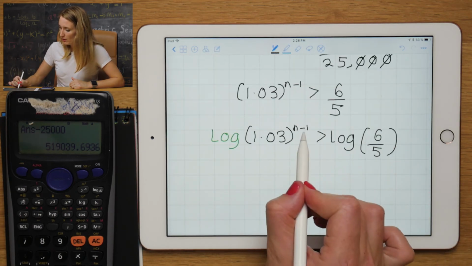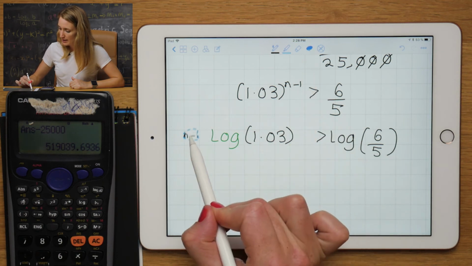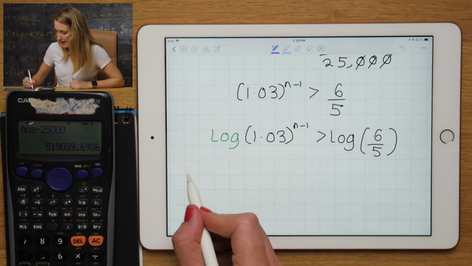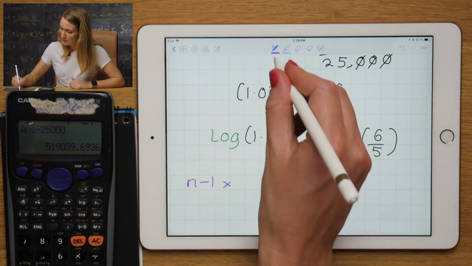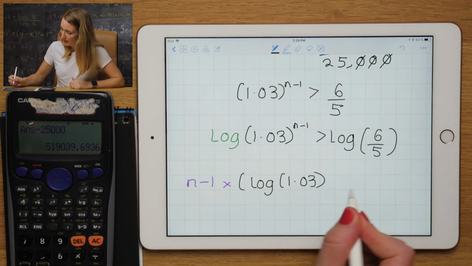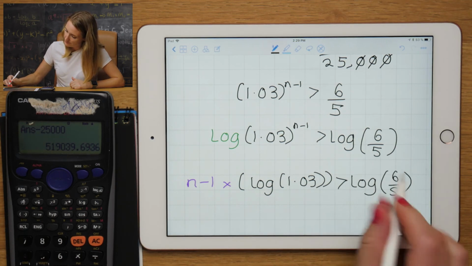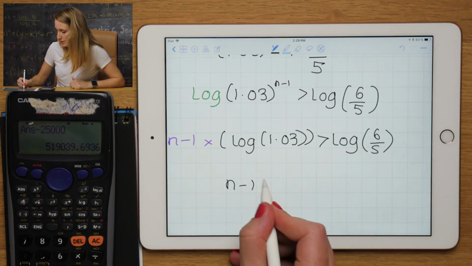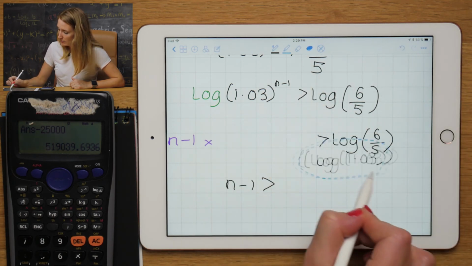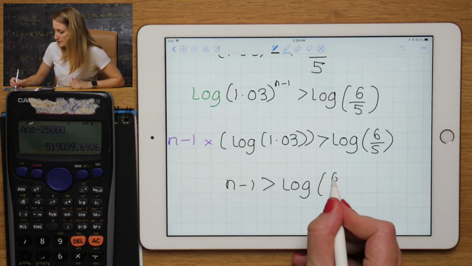Now we're going to use the rule for logs. It says if there's a power, you can multiply in front by it. So you can move this power here in front and it becomes a multiply. So that power there is now going to be here, n minus 1 times log 1.03, which is bigger than log 6 over 5. n minus 1 will be bigger than, move this multiply here to the other side and have it as divide. We're trying to solve so that n is on its own now.